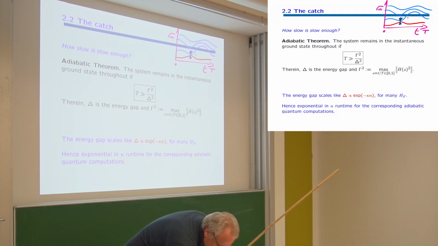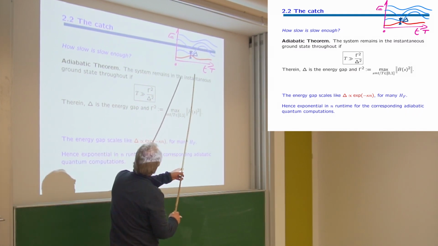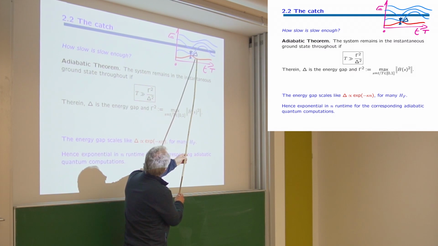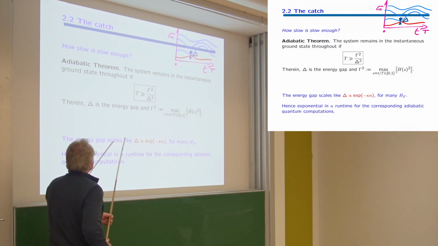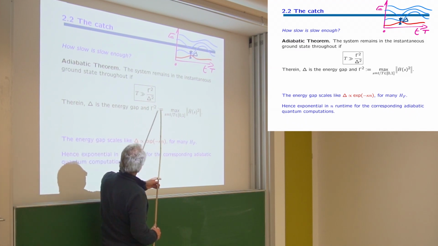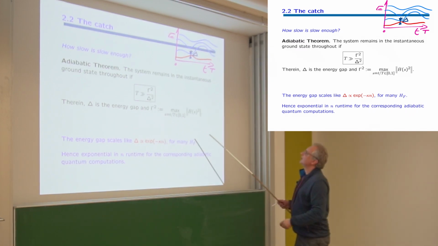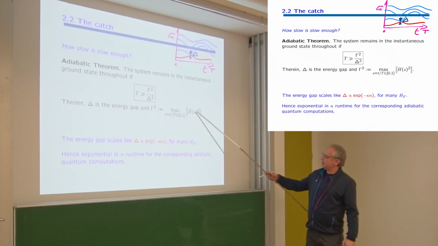So this is delta: the difference between the energy of the ground state and the first excited state at the point where it is the smallest. That's what we call the energy gap. And then we have another parameter, gamma here. It's defined over here, and has to do with how fast the Hamiltonian changes.